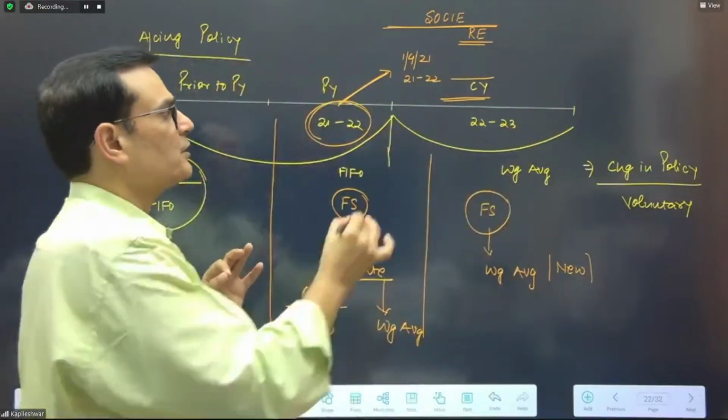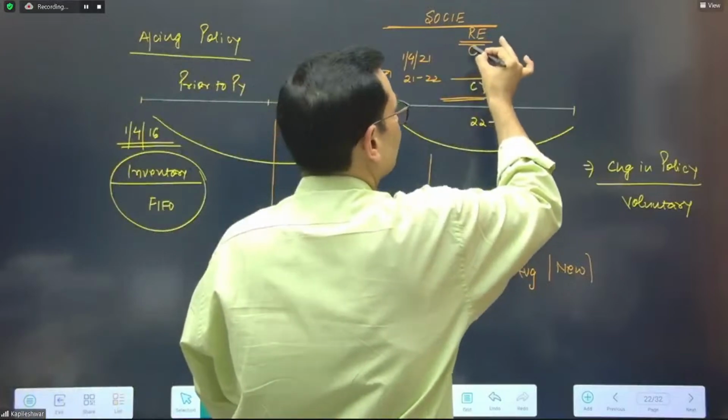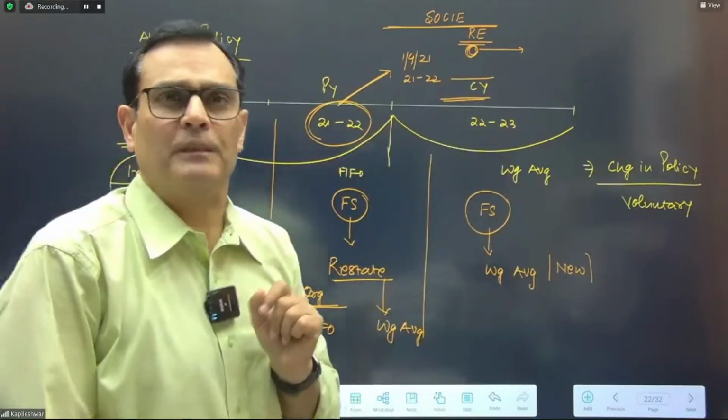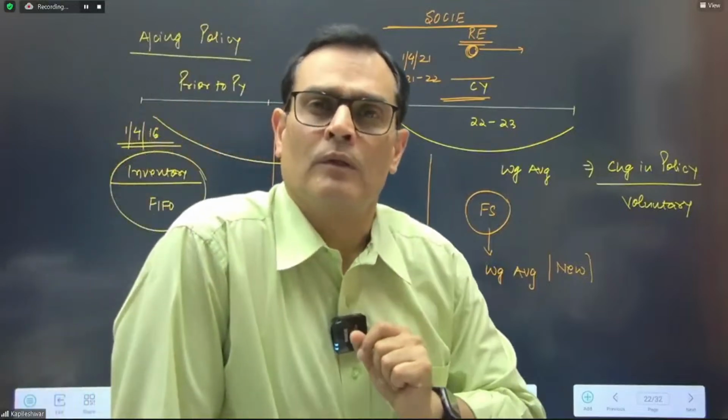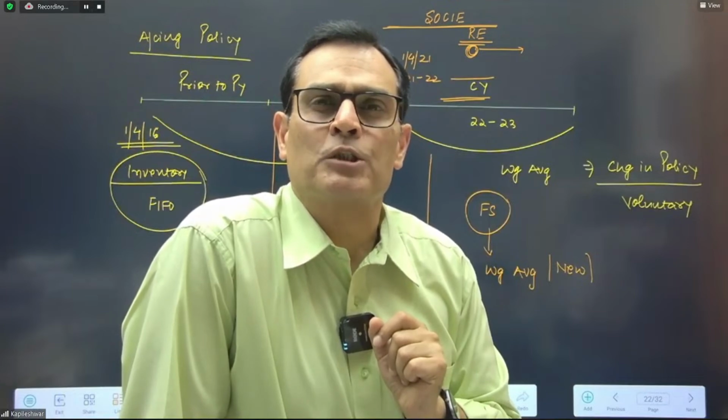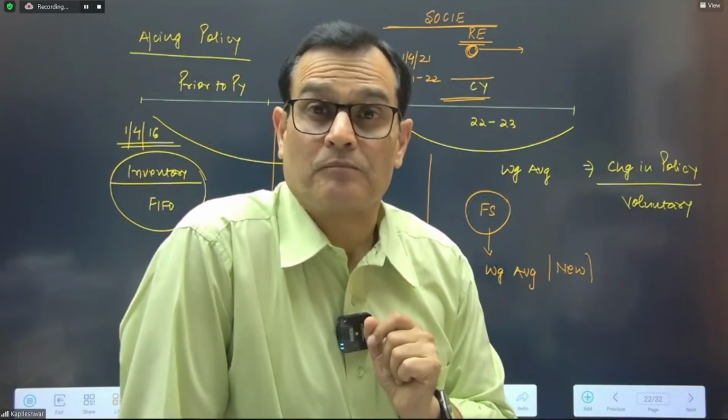Now, the question arises, when you take this opening balance, should it be based on FIFO or should it be based on a weighted average? It should be based on a weighted average.